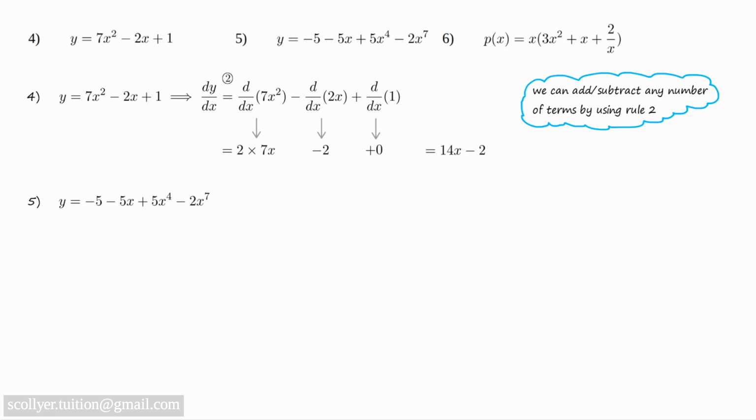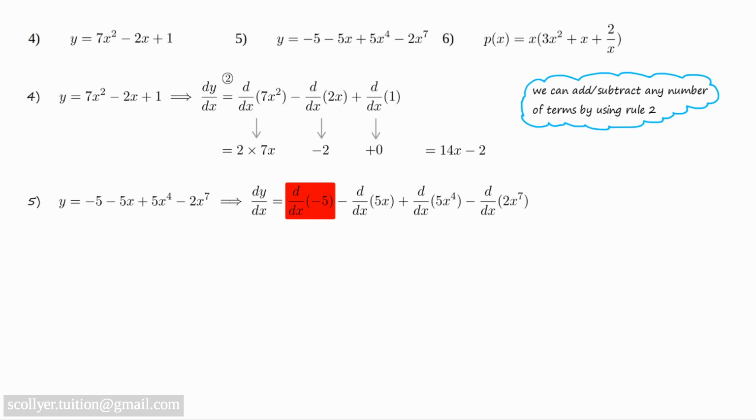Problem 5. If y equals minus 5 minus 5x plus 5x to the 4 minus 2x to the 7, then dy by dx equals d by dx of minus 5 minus d by dx of 5x plus d by dx of 5x to the 4 minus d by dx of 2x to the 7. And now we note that minus 5 is a constant, so its derivative is 0, and we ignore it henceforth.